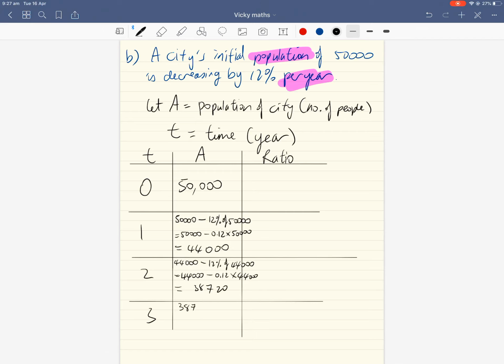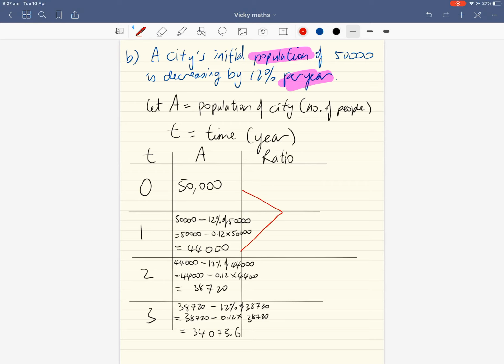We'll just do one more just for good measure. We're taking away 12% of what we had last year because it's a decrease of 12% every year. So using a calculator, we get 34073.6. Now let's look at the ratio.